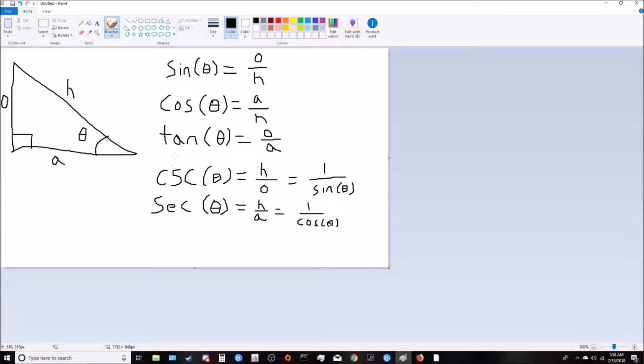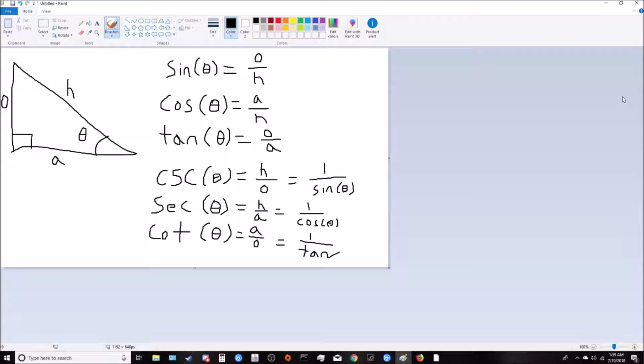And finally, the cofunction for the tan function is cotangent. And it is equal to adjacent over opposite, or 1 over tangent. I don't know what happened there. But there you have it. There are all the trigonometric functions that exist, as well as their cofunctions.